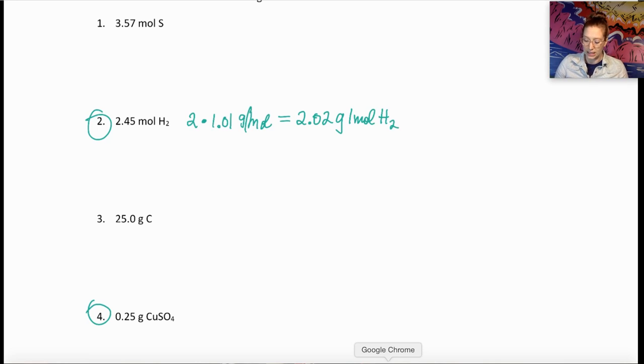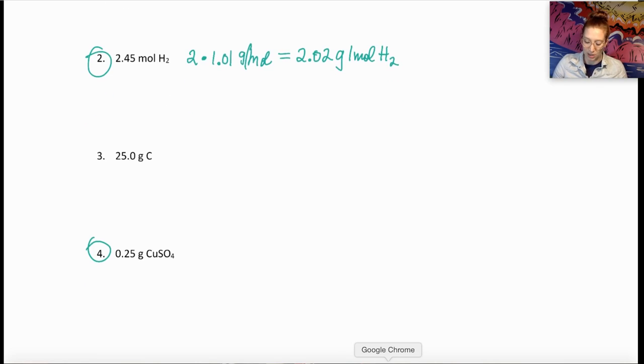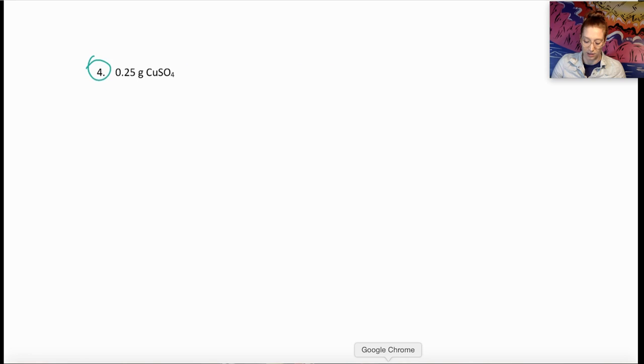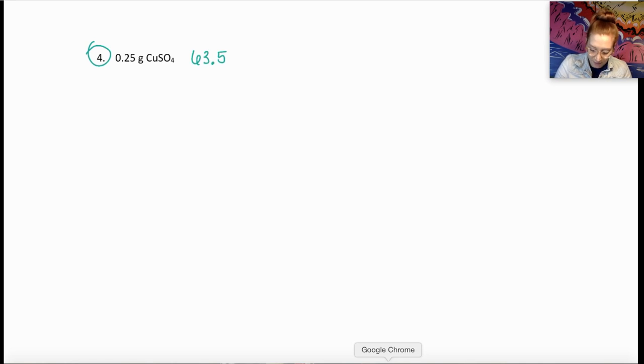Okay, fantastic. I'm just going to go ahead and go on to that conversion factor for the second example we'll do, which is number 4. And this is CuSO4. So we've got more pieces here for our compound. So we want to start by looking up Cu, that's copper. Find it on the periodic table. Its mass is 63.55.